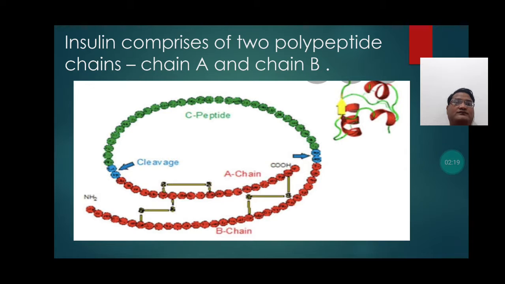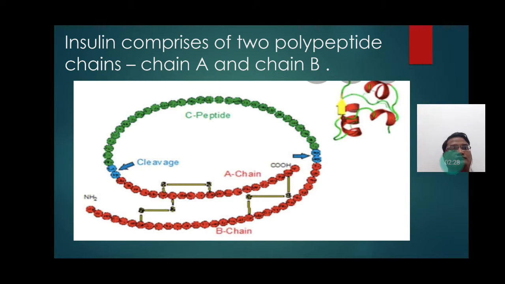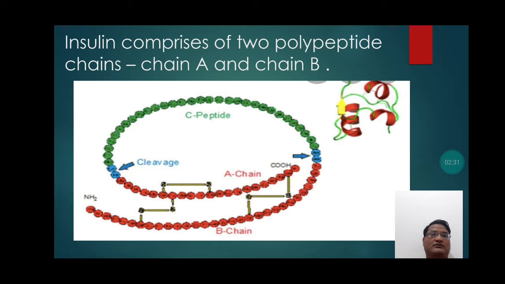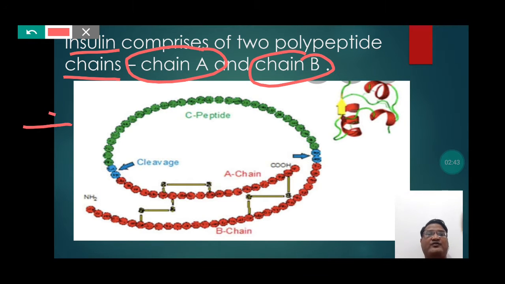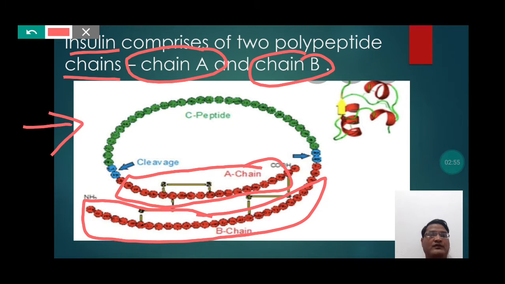Insulin comprises two polypeptide chains, chain A and chain B. So students, the main parts of insulin are chain A and chain B. Students, here you can notice in this picture the chain A and the chain B. So students, both of these two chains are the important parts of insulin.